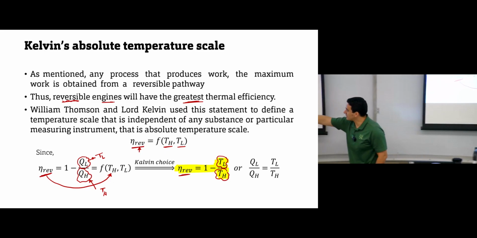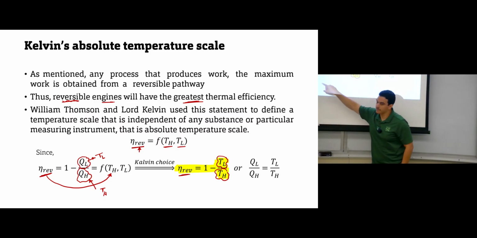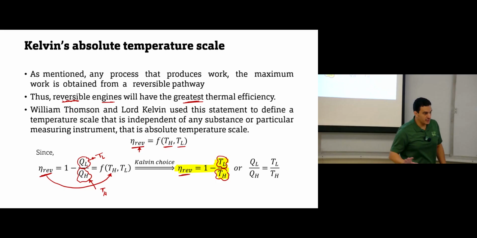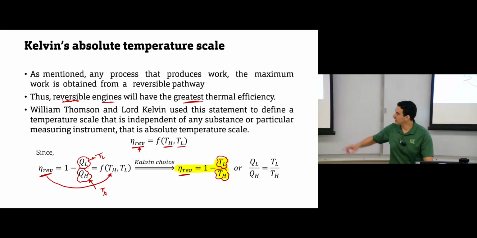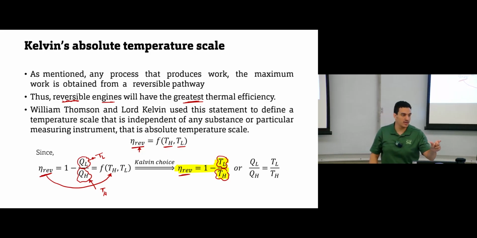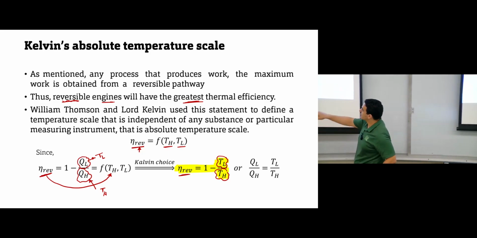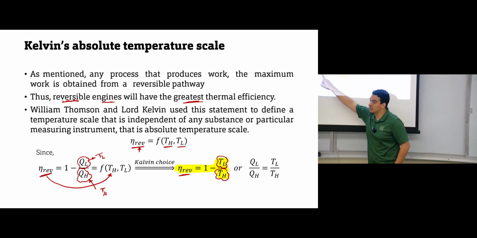But the last one can only be used if you have a heat engine operating in a reversible way. The other 2 equations can be applied in reversible or irreversible cases. So if the problem tells you the engine operates in a reversible way, then you have an extra equation to calculate thermal efficiency.